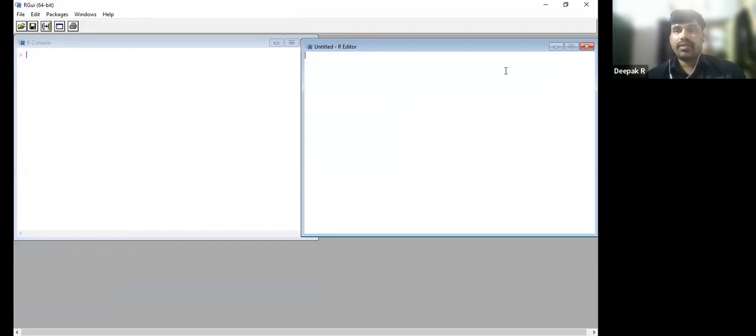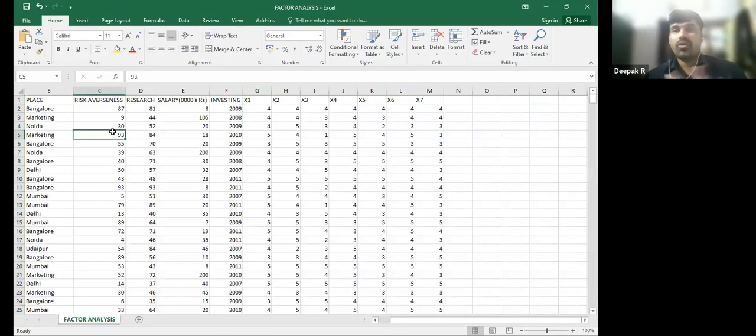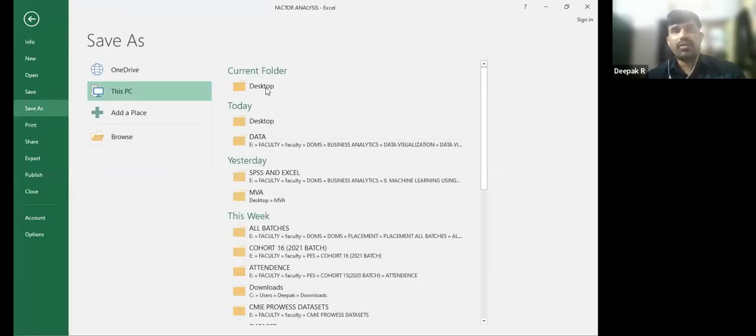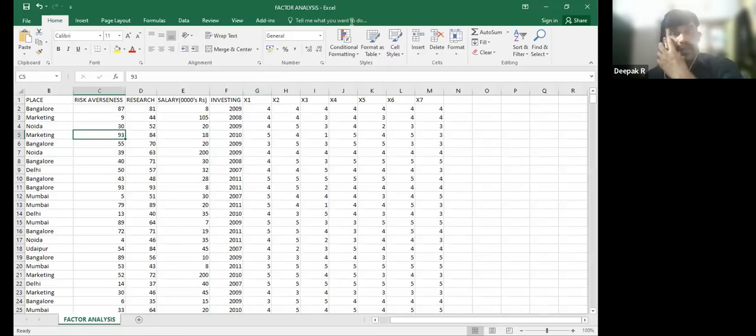And this is the Excel data that I have got. Since I want to copy this data and use that in R programming, I have converted that into a CSV file, and I'll be using this data.